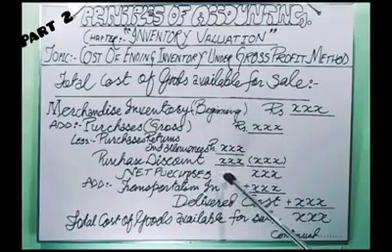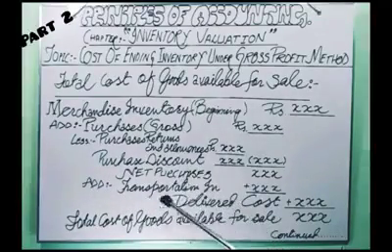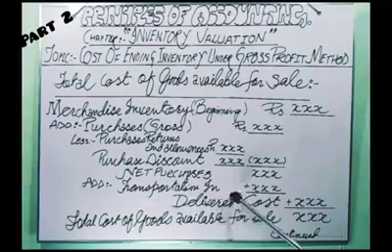Then this does not end over here. We are now going to add the transportation in. It is also called carriage in. It is also called freight in. These are alternative names of transportation in.